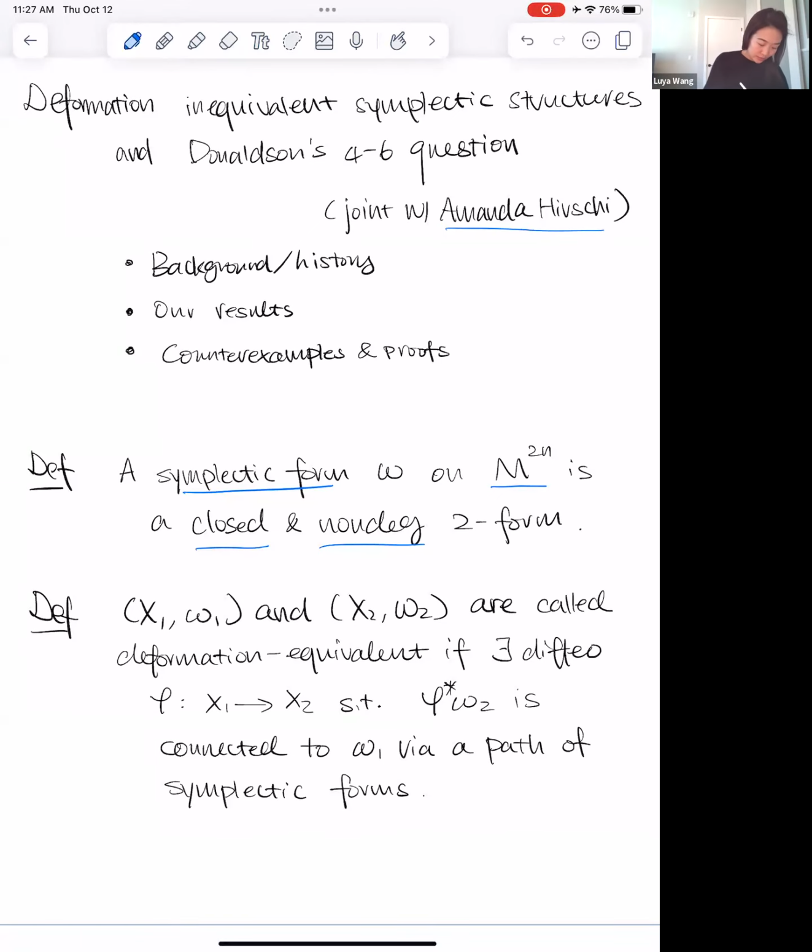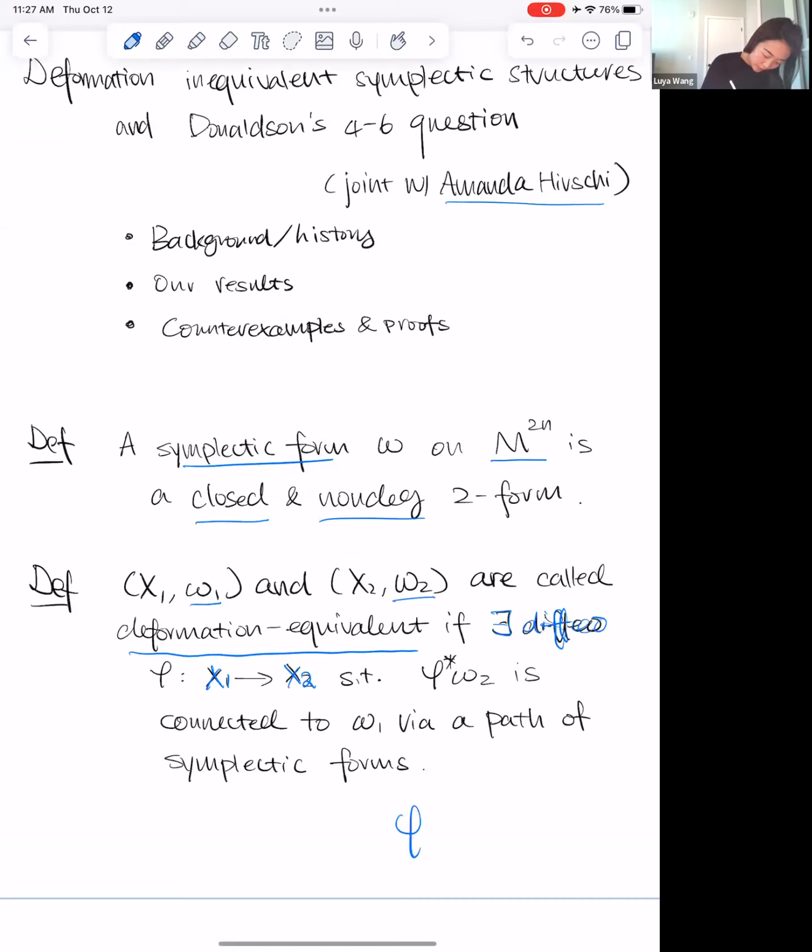By deformation equivalent, I mean: two symplectic structures are deformation equivalent if you can find a diffeomorphism between the smooth manifolds such that the pullback of omega 2 has a path to your original omega 1. I just require this path to be connected by symplectic forms, with no requirements on cohomology classes.